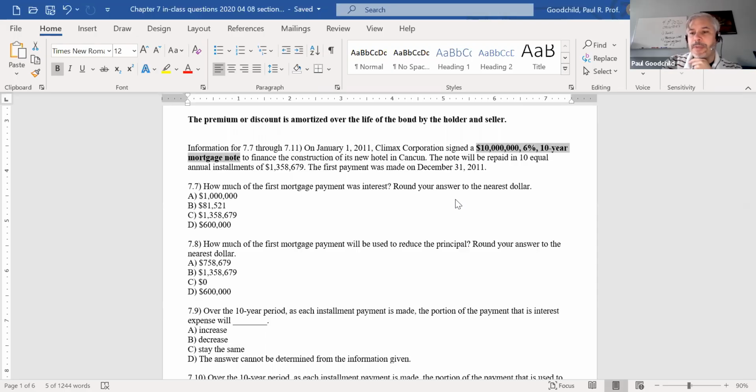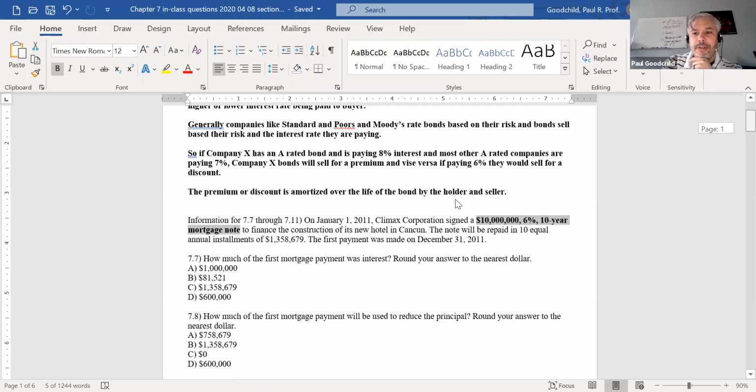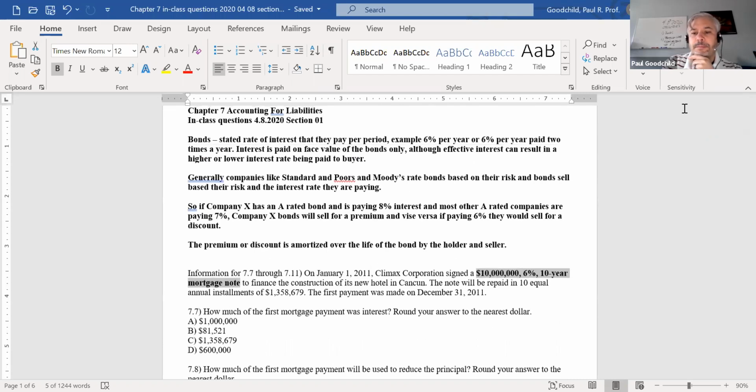Somebody asked me to scroll up real quick, so I'm just gonna leave it here as I read the first one. The note will be repaid in 10 annual installments of $1,358,679. The first payment will be made on December 31st, 2011.